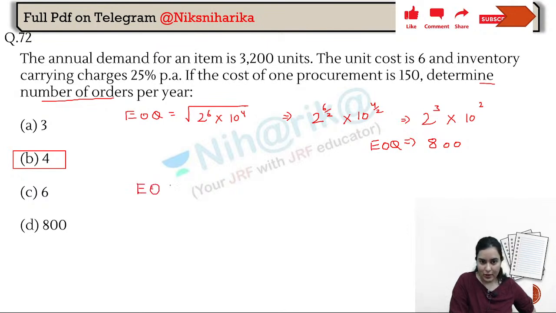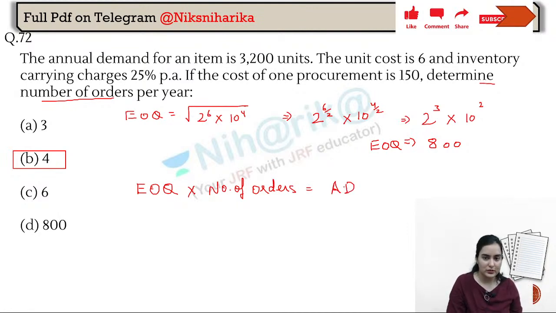One time I'm writing EOQ, economic order quantity. That means in one single go, how much quantity we have to order. Into the number of orders will be our annual demand. Yes or no?